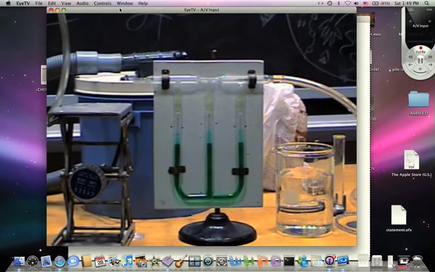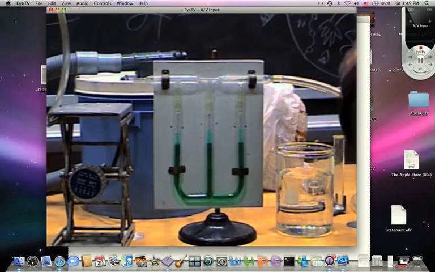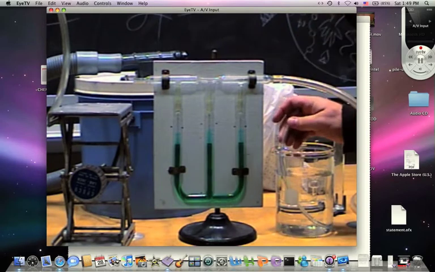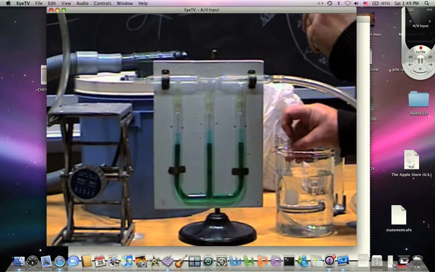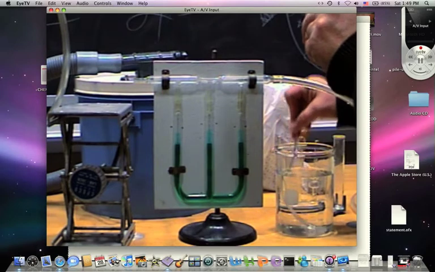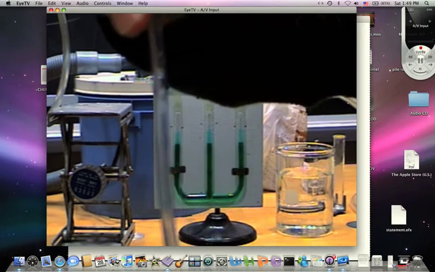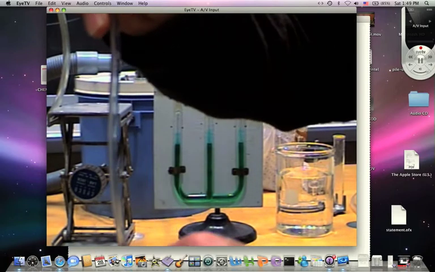Take something simple like a straw put into water. This one is nicely transparent so you can see it. Then put your thumb over the top. I think everybody can see that.